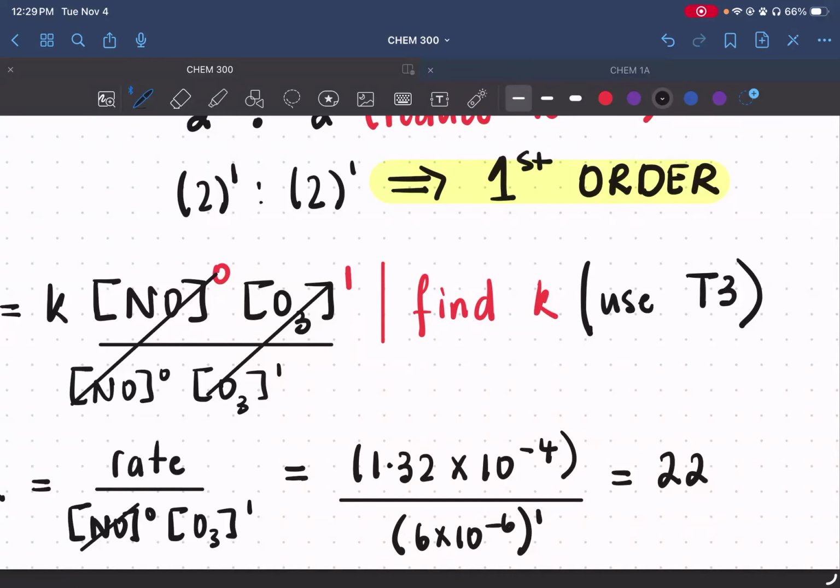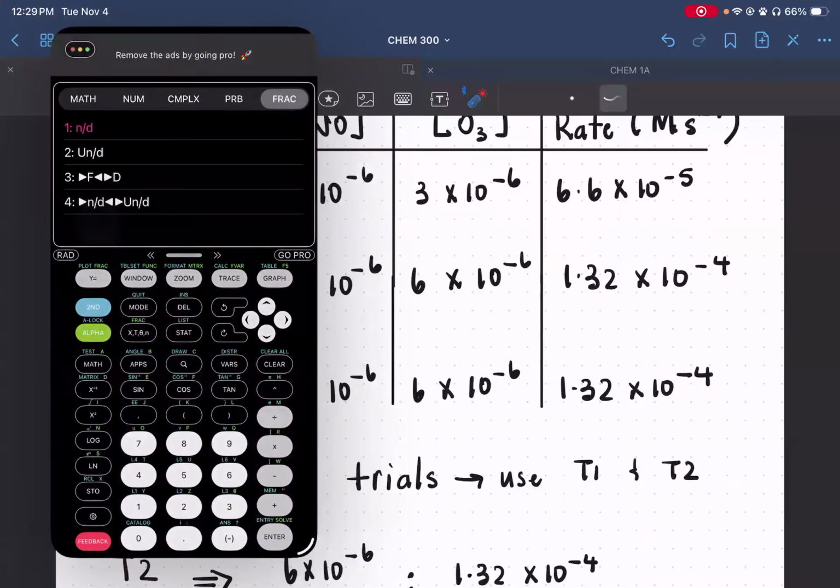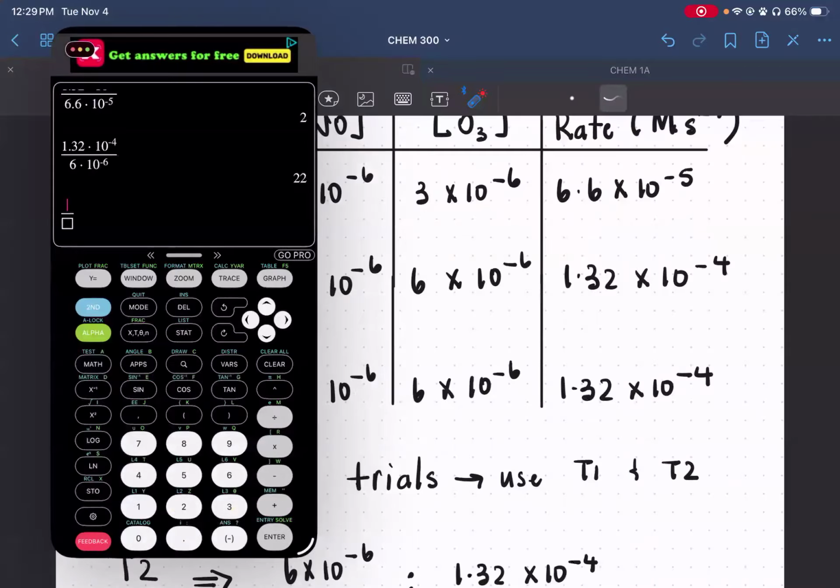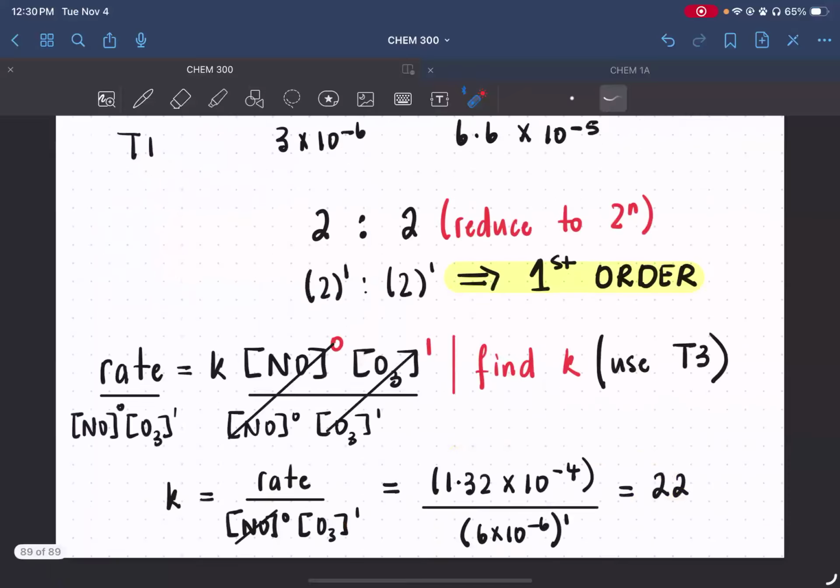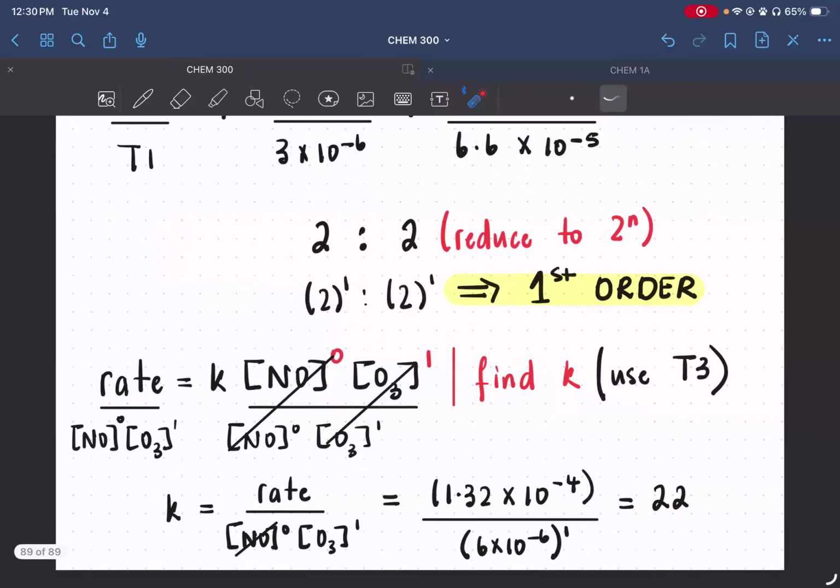Let's put that into our calculator to be absolutely certain. 6.6 times 10 raised to the negative 5 all over 3 times 10 raised to the negative 6. Again, 22. So it doesn't matter which trial you pick, the rate constant will be the same for the reaction. Any questions on this so far?